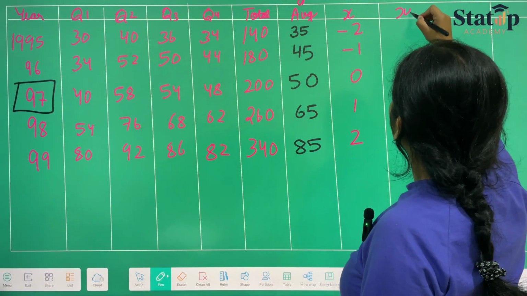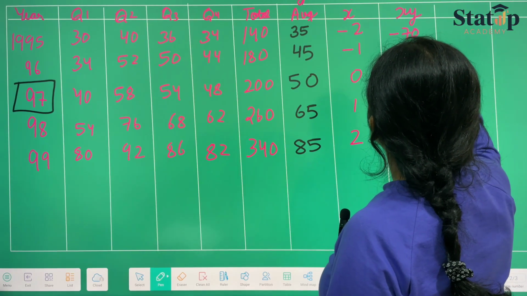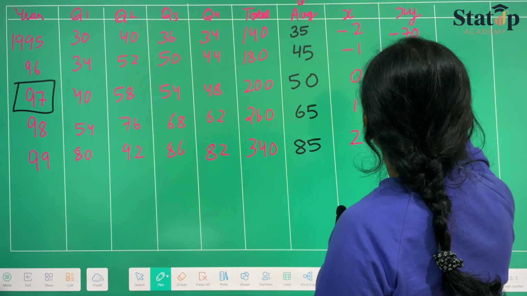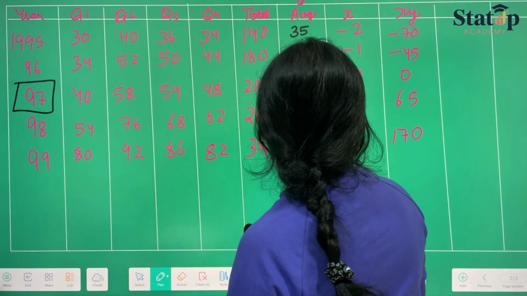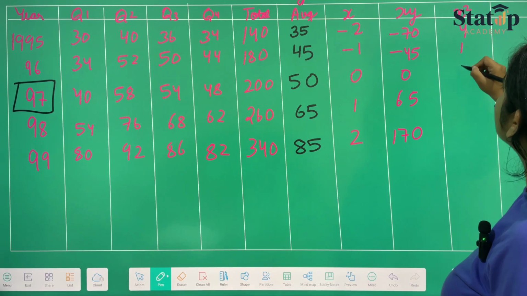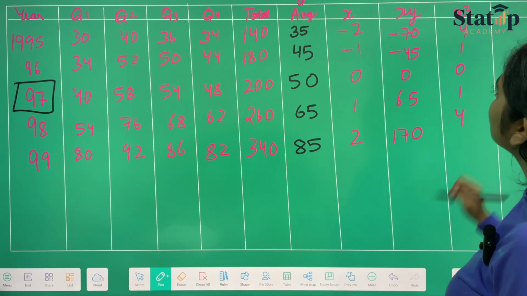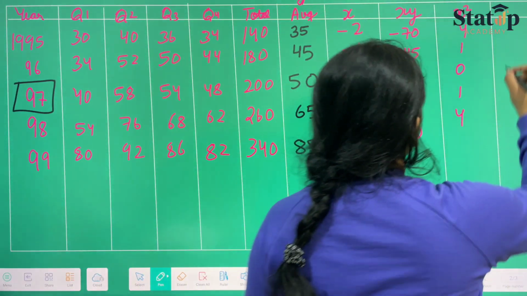So x and y will give us minus 70, minus 45, 0, 65, 170. And x square will give us 4, 1, 0, 1, 4. And the rest is the trend value, which we'll be finding.